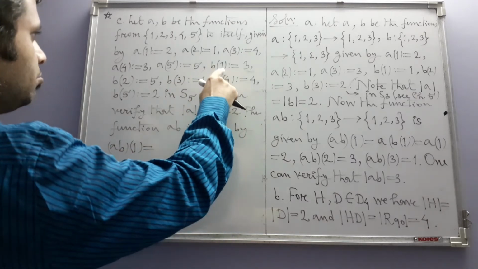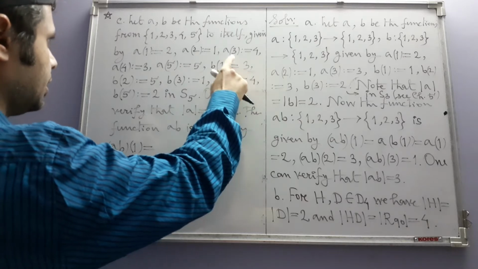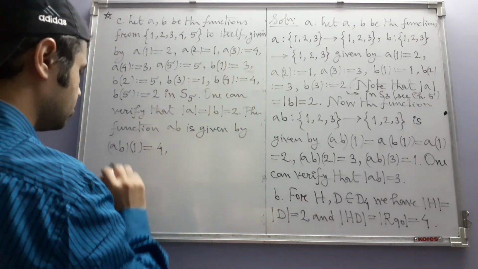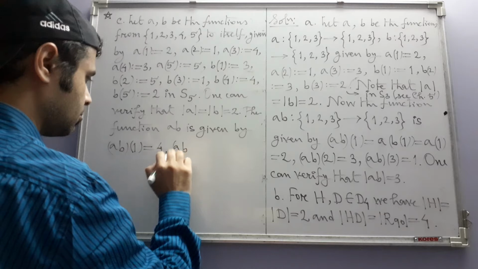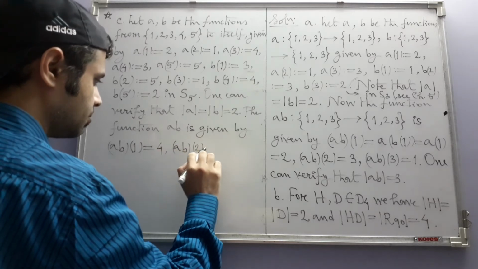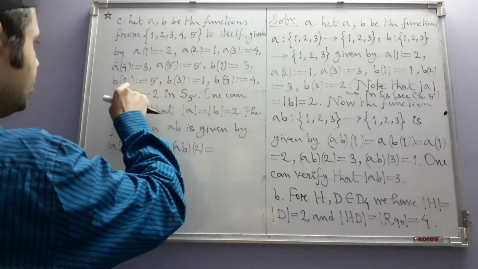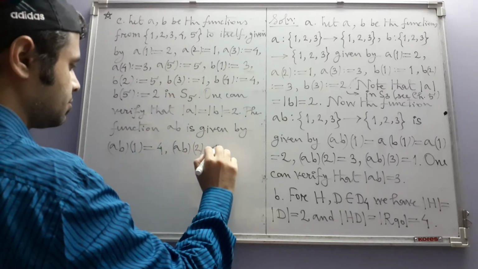B of 1 is 3, A of 3 is 4. Okay, AB of 2, B of 2 is 5, A of 5 is 5.